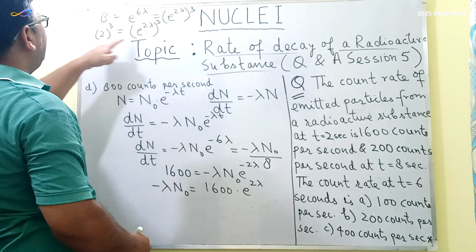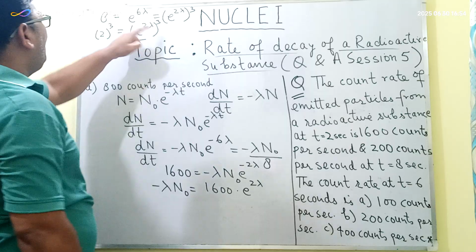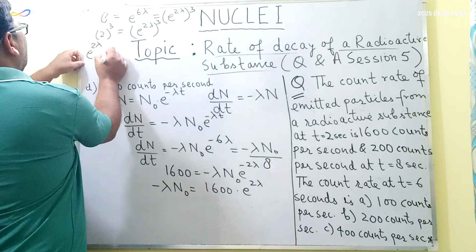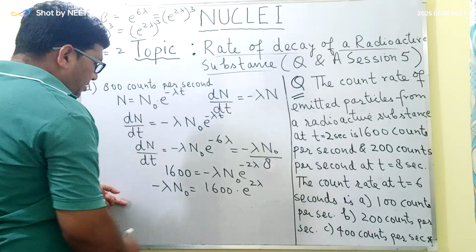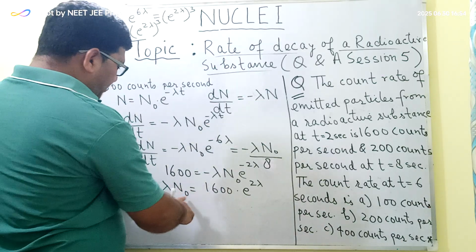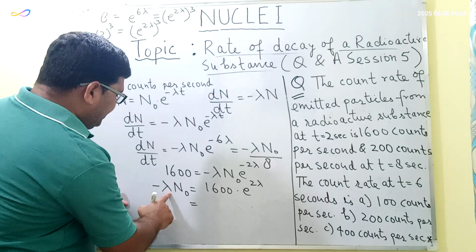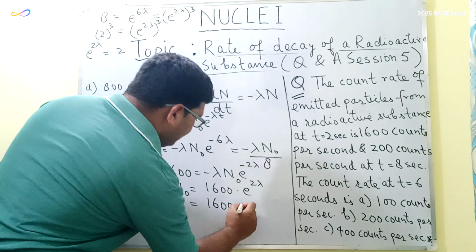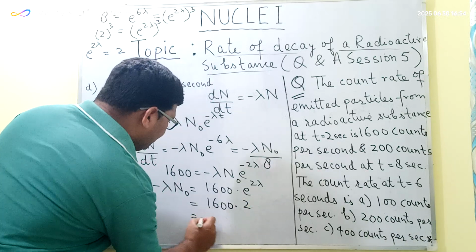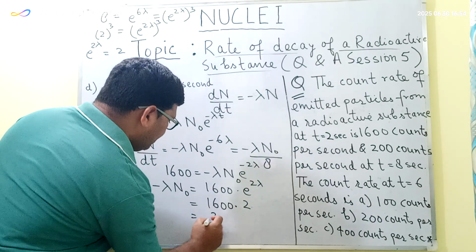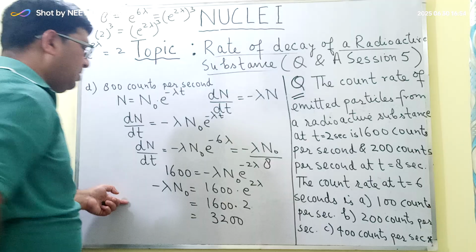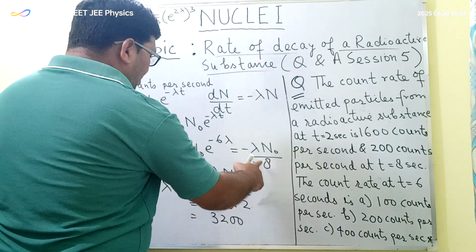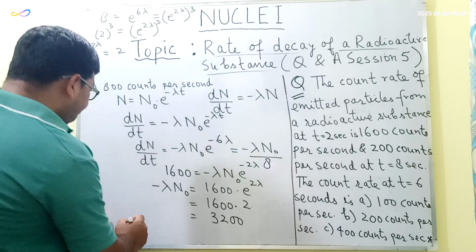So from here the value of e to the power 2 lambda is equal to 2. And minus lambda N naught will be equal to 1600 multiplied by 2, so this is equal to 3200.